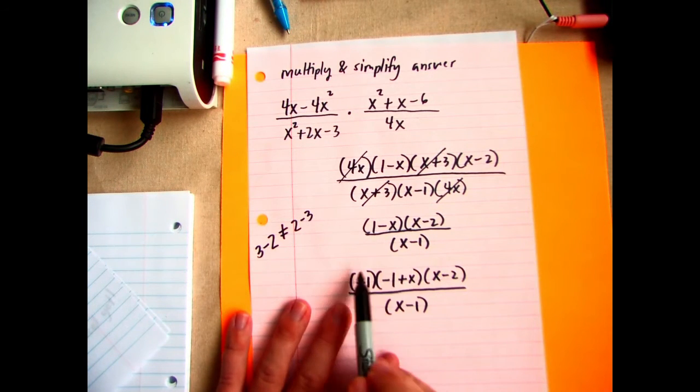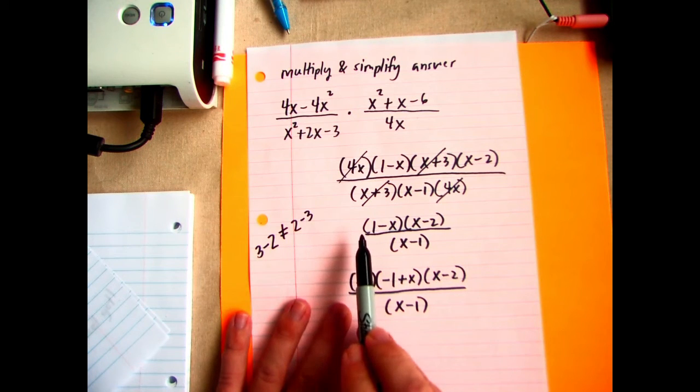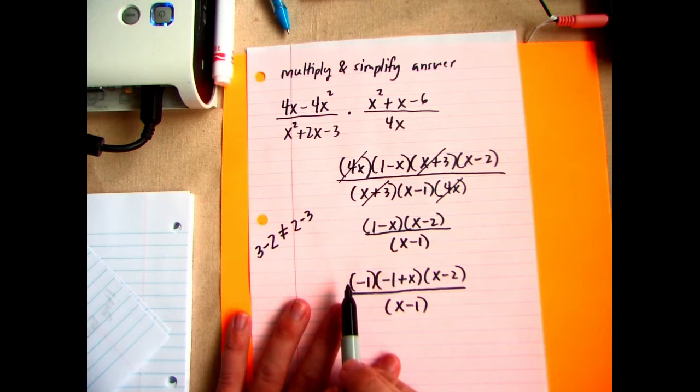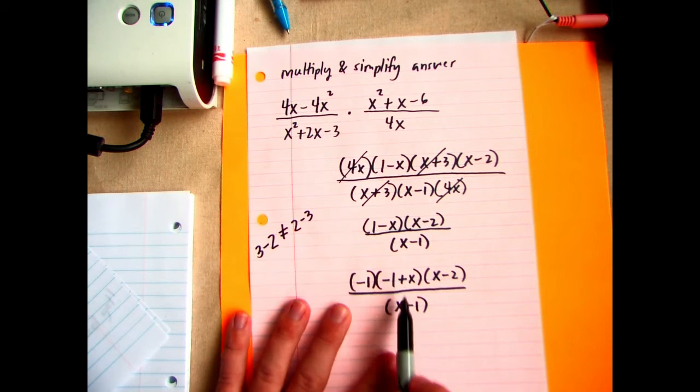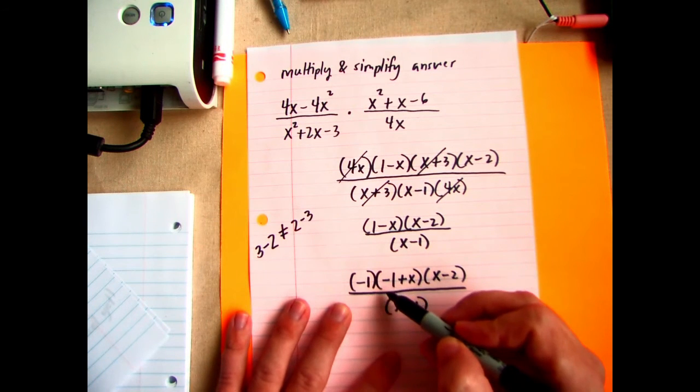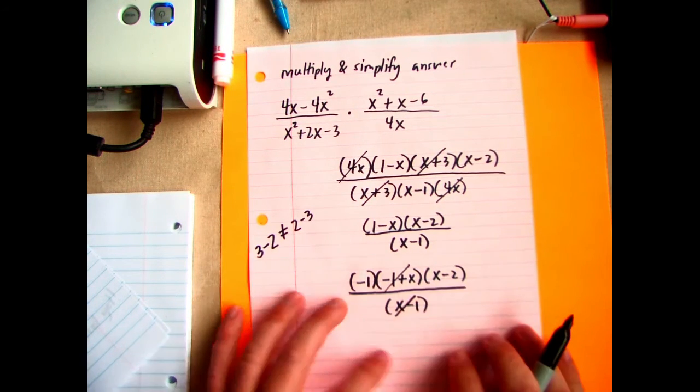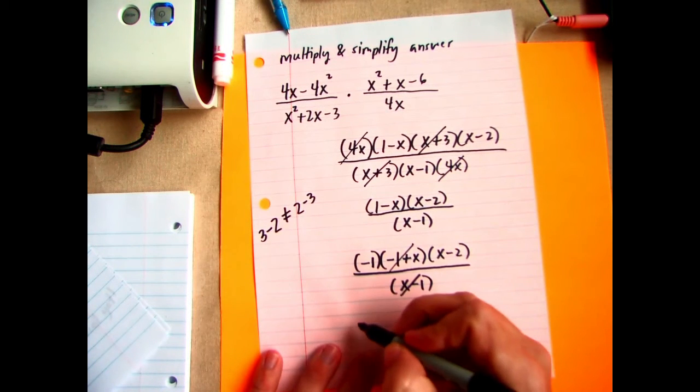Because I factored out the minus 1, now I have two bubbles that match. Minus 1 plus x does match with x minus 1. Those are the same. So now I can cancel those.